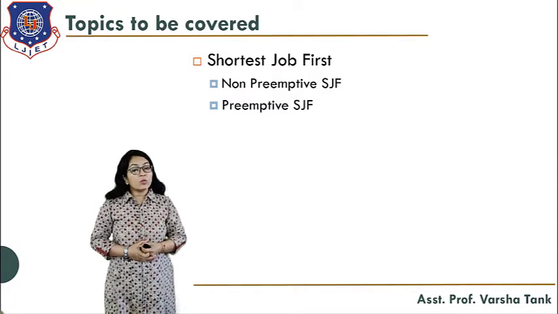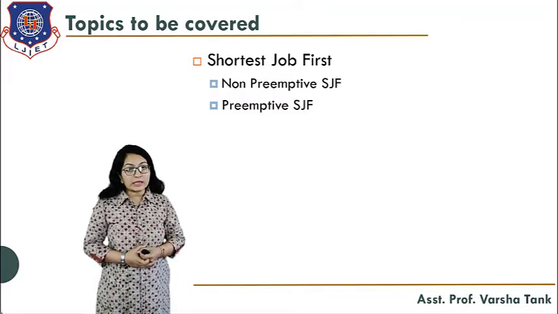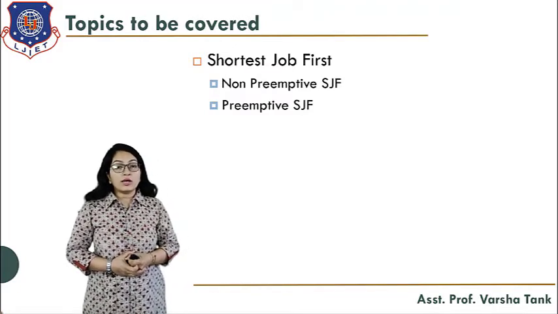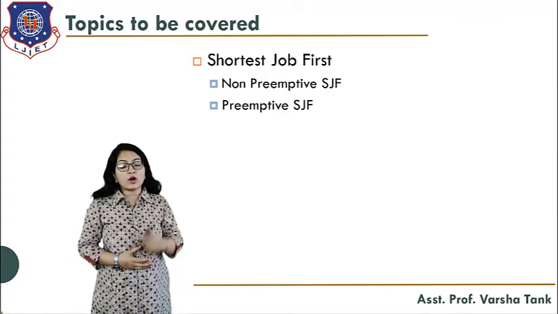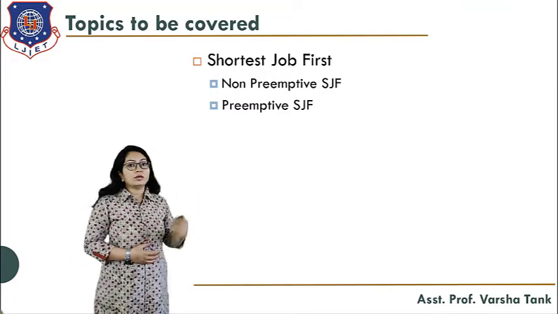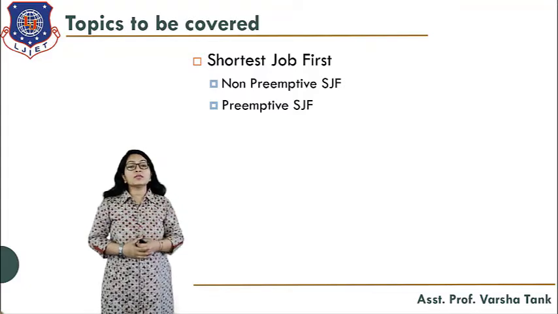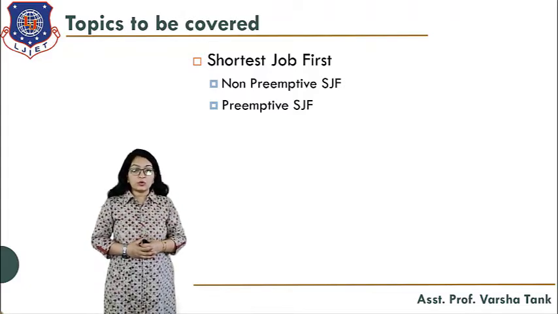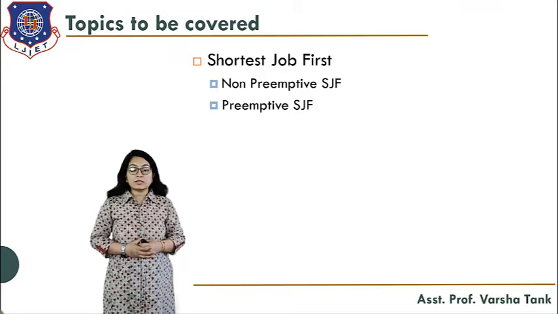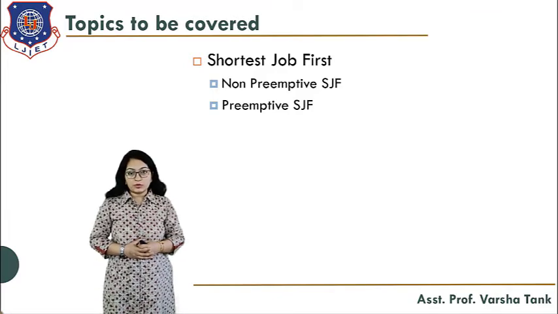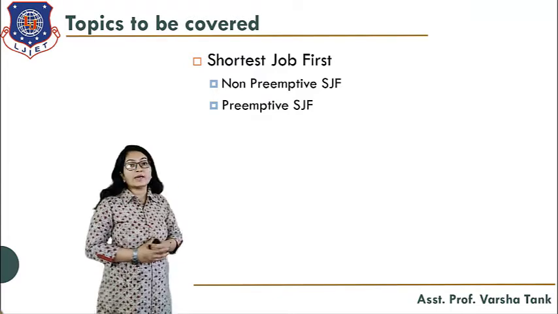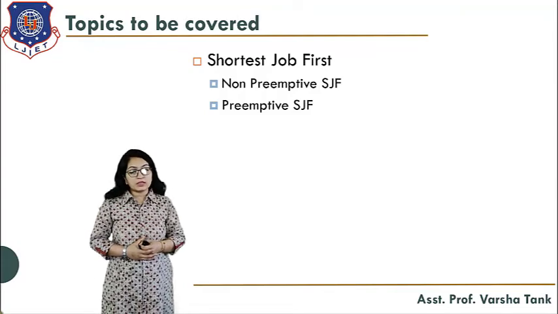That means once the CPU is assigned to any process, if the time slice expires, or if any lower burst time process comes, then the higher burst time process will be preempted from the CPU and the lower burst time process will be assigned to the CPU. That is known as preemptive SJF.